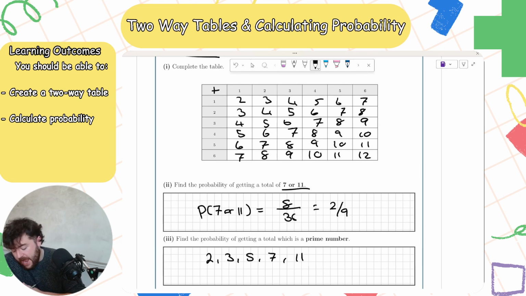So I need to get any of them. Counting them up, that'll be 15 out of 36.